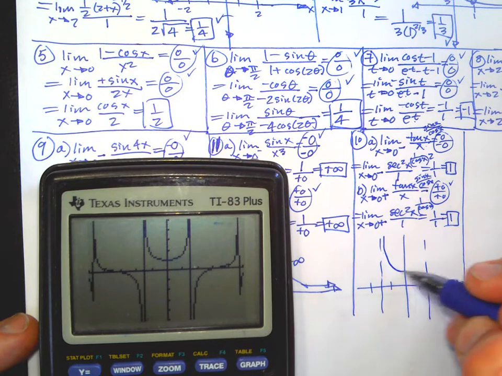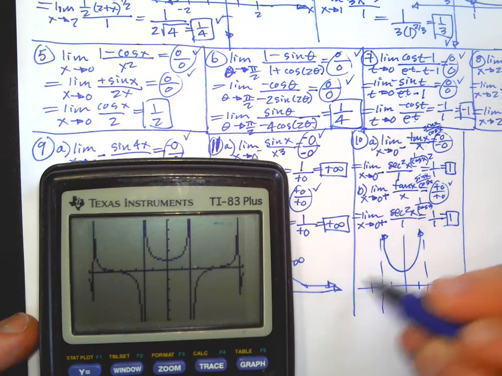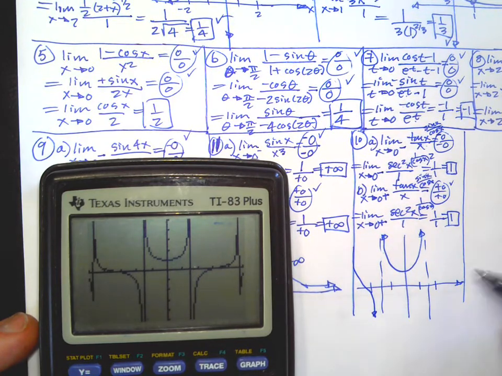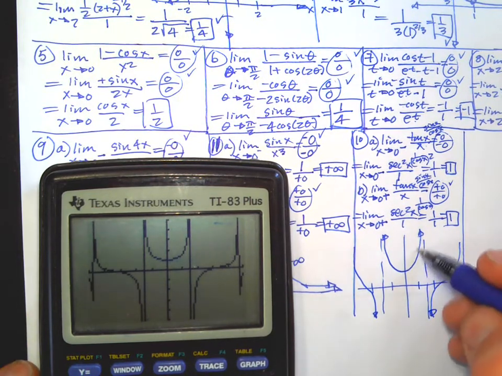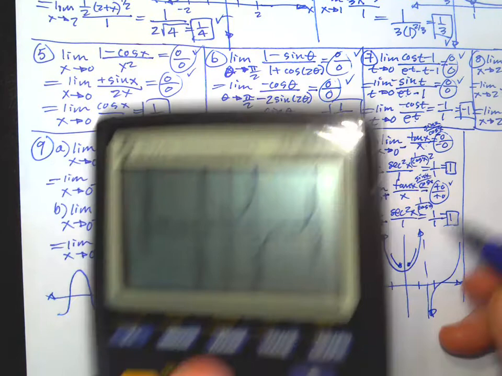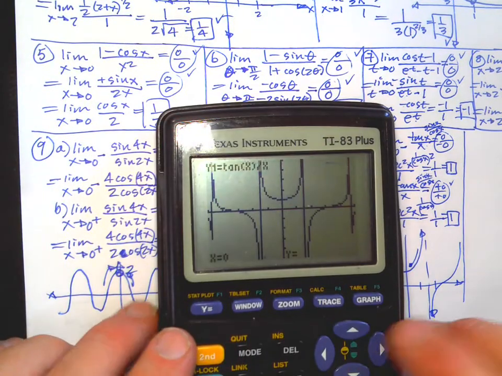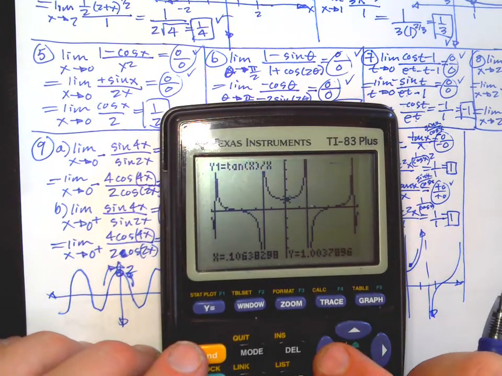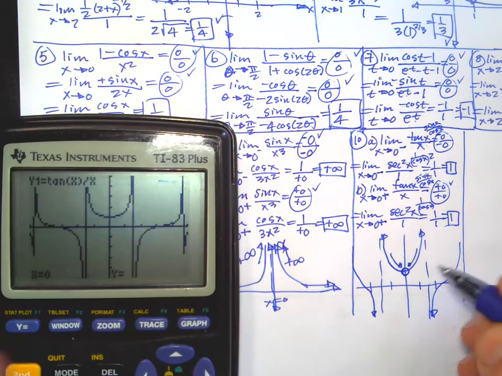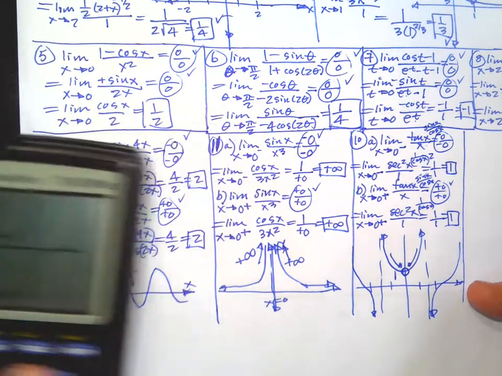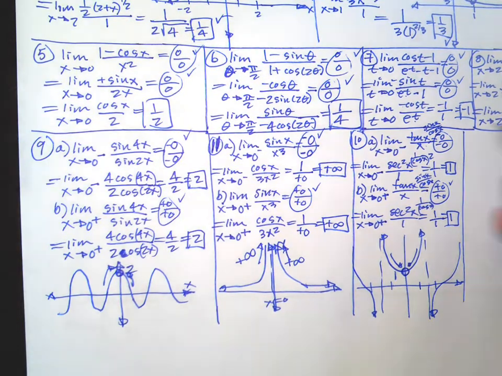It looks like it goes like this, right? And then it's kind of going like this. And over here it's going like this. And so as we approach 0 from both sides, looks like it's going to the same point. Trace, looks like it's going to 1, right? And at 0, it seems like there's a hole. So it looks like it's going to 1. So that makes sense with what we got.